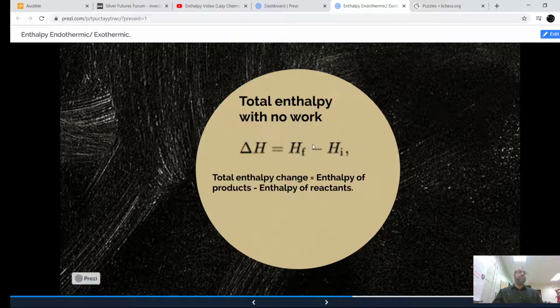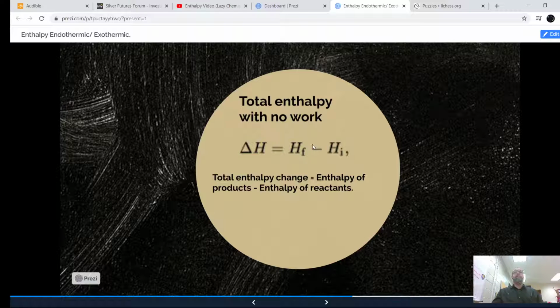Work is usually defined as some sort of locomotion or movement that we can use. If you think of an internal combustion engine, the energy that goes into driving the pistons and making the pistons move up and down, that's an example of work. That's something that we as chemists aren't going to be all too worried about.